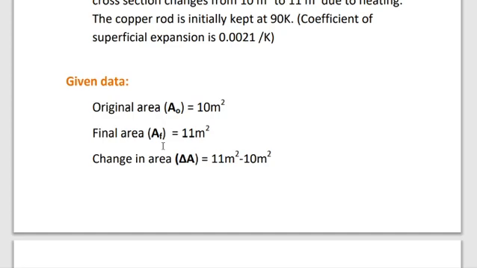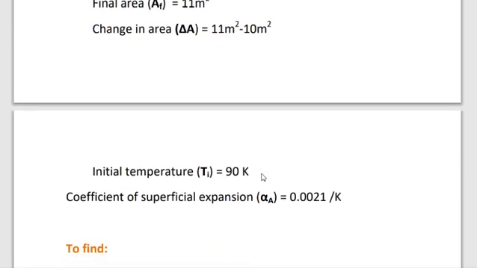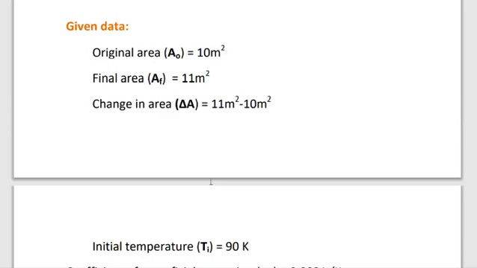Final area AF equals 11 meters square. Change in area, del A, means final area minus original area. So 11 meters square minus 10 meters square. 11 minus 10, we know, is 1 meter square. Then the initial temperature is given as Ti.